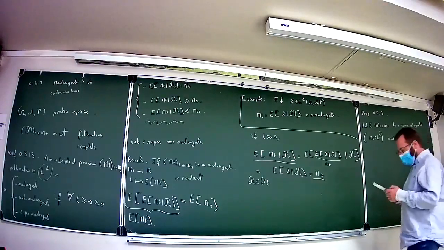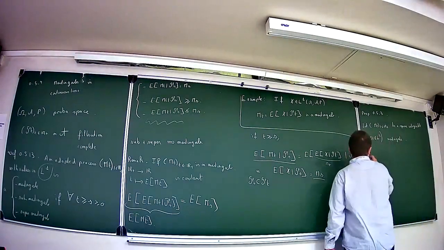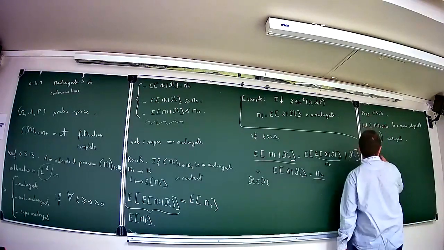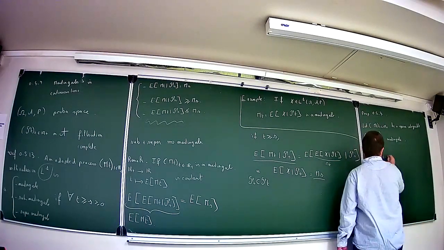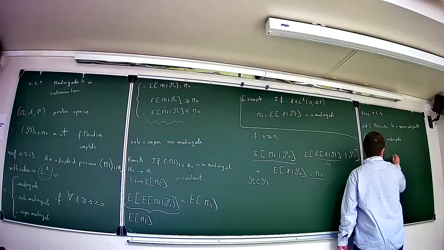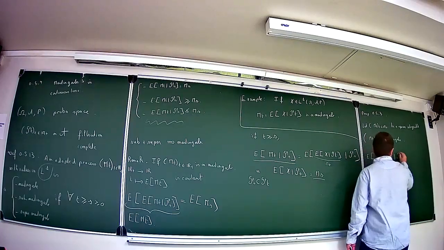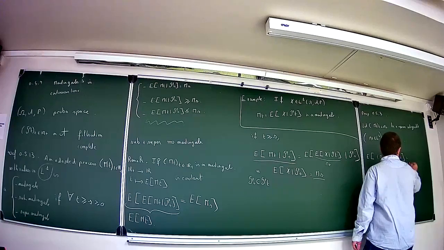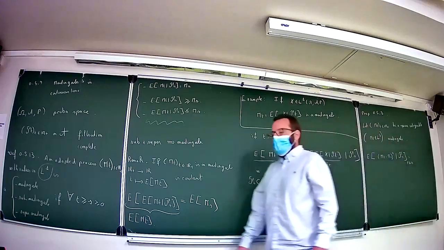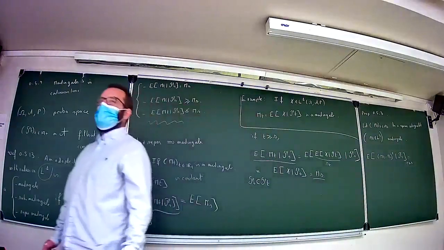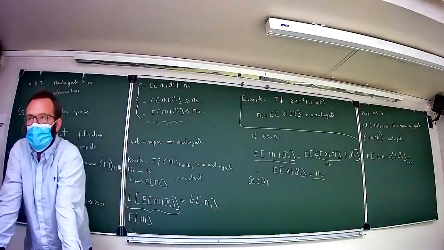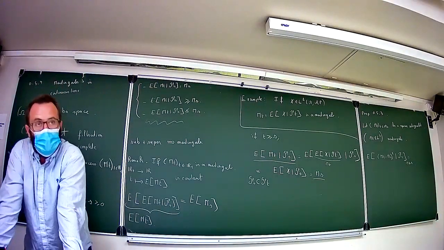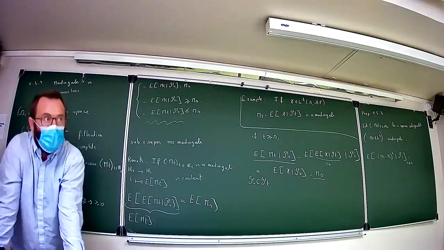In fact, when I want to compute the conditional expectation of (M_T − M_S)² given F_S, when T is greater than S, the conditional expectation of the square of the difference will be the conditional expectation of the difference of the squares.